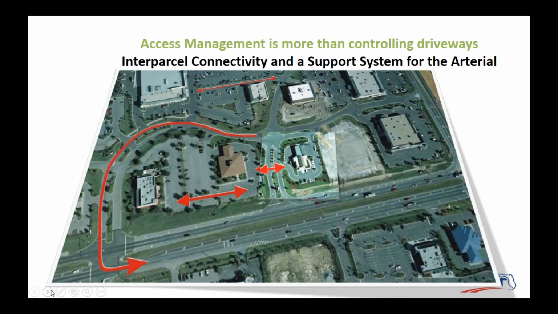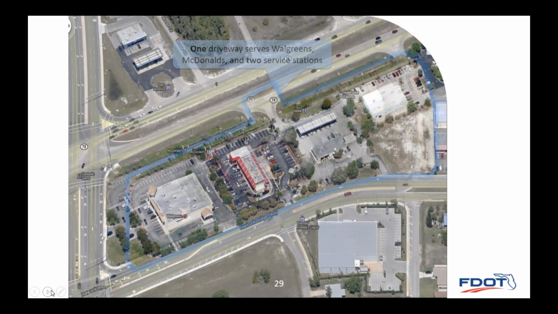So let's go to the next example, and here's another good example of that where we've got unified access and circulation among several developments, and I believe this is in Cape Coral. And again, Cape Coral was another one that looked at the model regulation.